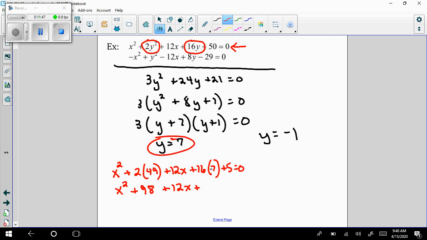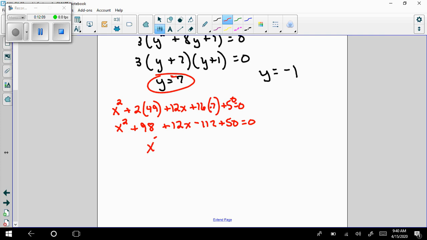Sorry about that. So then this is going to make this a negative 7. My positive 49 is still correct. So this is going to be a minus 112 plus, and that should have been a 50, equals 0.